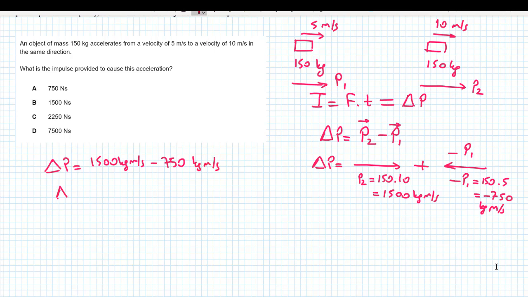So delta P here equals 750 kilogram meter per second, or 750 Newton times second. And the answer will be A.